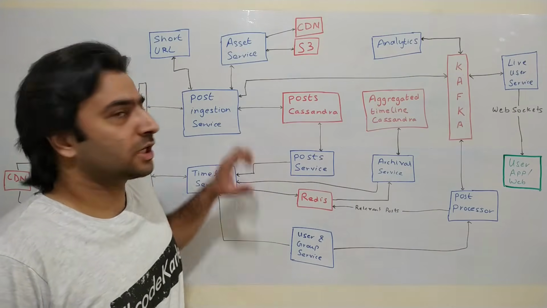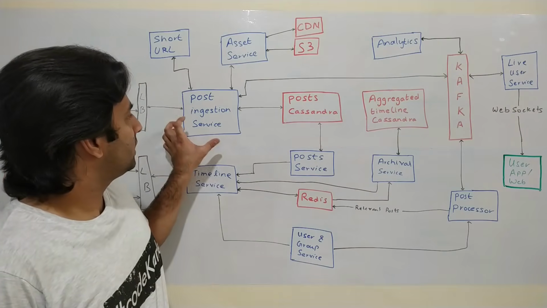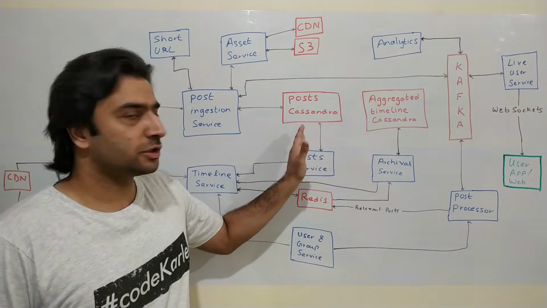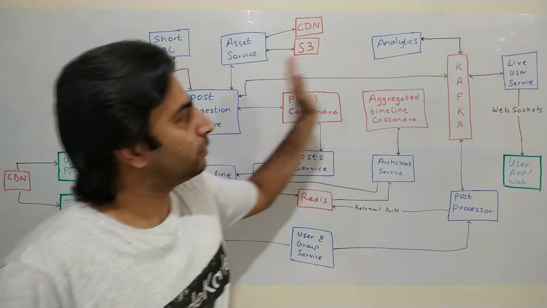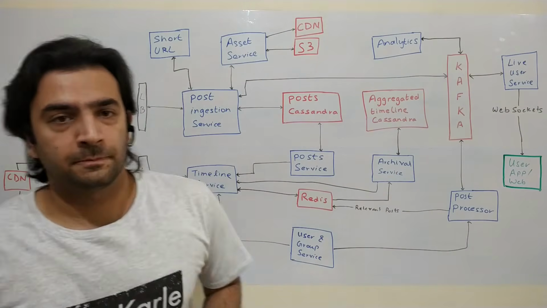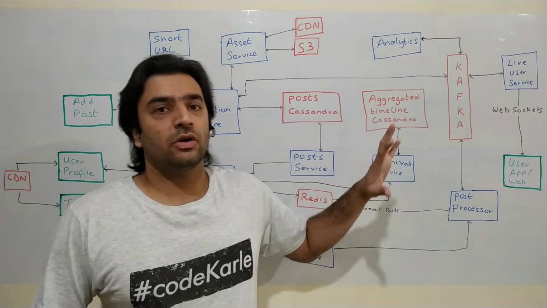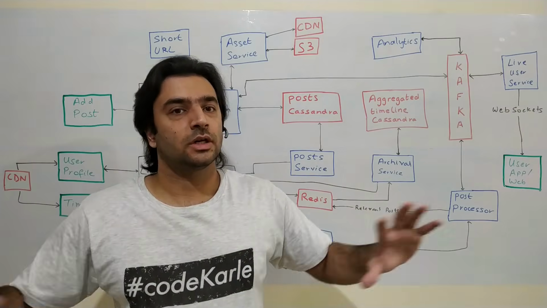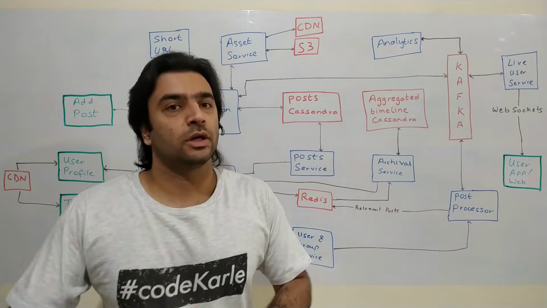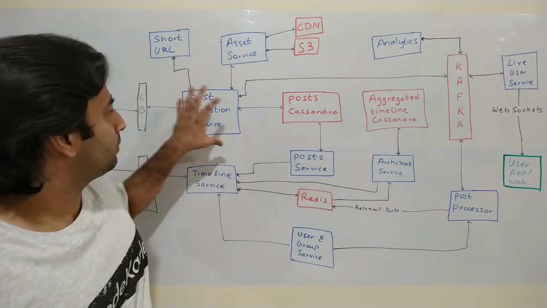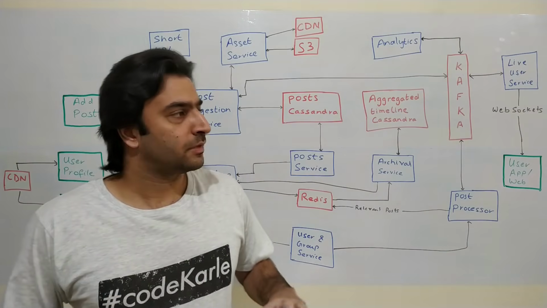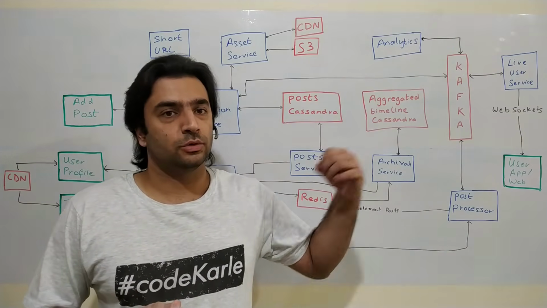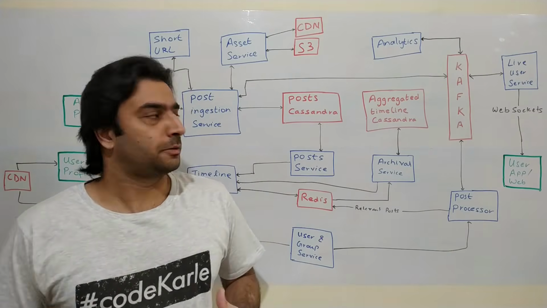Whenever a post comes in, post ingestion service reads the post, puts it into Cassandra, and then posts an event into Kafka. From there on, it will be spread out to other systems, which will do their own jobs. At that point, post ingestion service's work is done, and then we'll get to how a post comes back to the user.